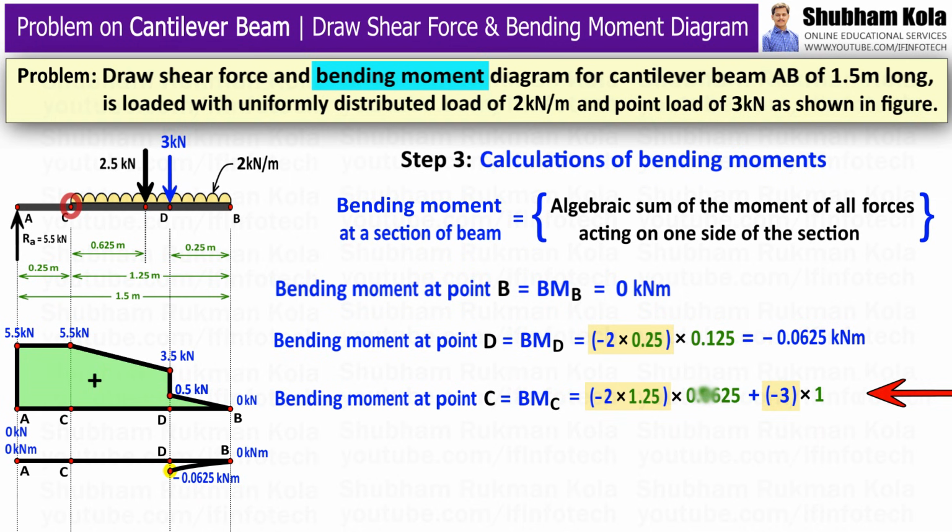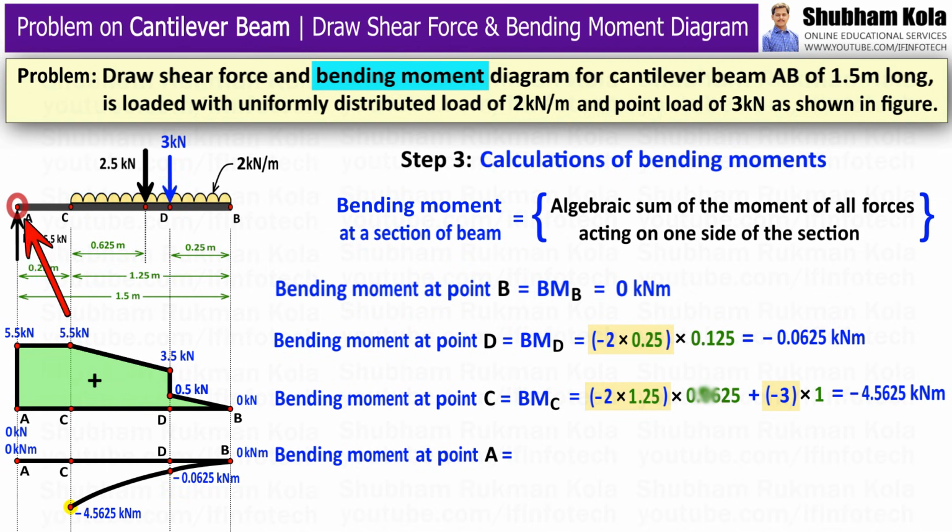So by calculating, we get the value of bending moment at point C equal to minus 4.5625 kN meter. As it is a negative value of bending moment, I will mark the point below the reference line of 0 kN meter bending moment. And to draw the bending moment, I will indicate the UDL with a parabolic curve. Hence I will join these 2 points with a parabolic curve.